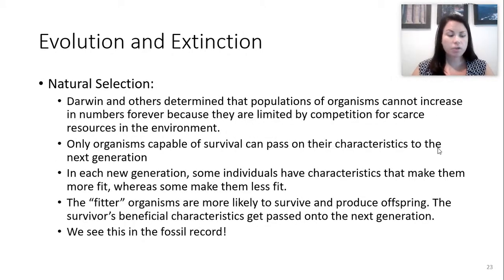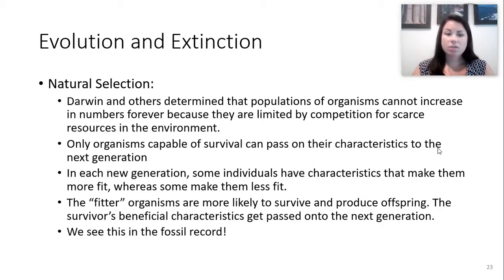So let's talk about evolution and extinction. Natural selection was determined from Darwin and others: populations of organisms cannot increase in numbers forever because they're limited by competition for scarce resources in the environment. Only organisms that are capable of survival can pass their characteristics on to the next generation.